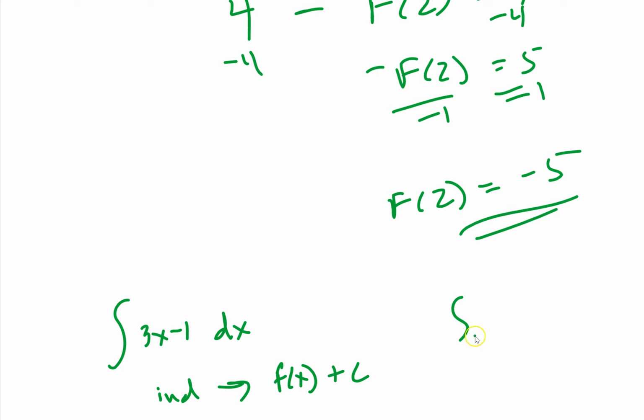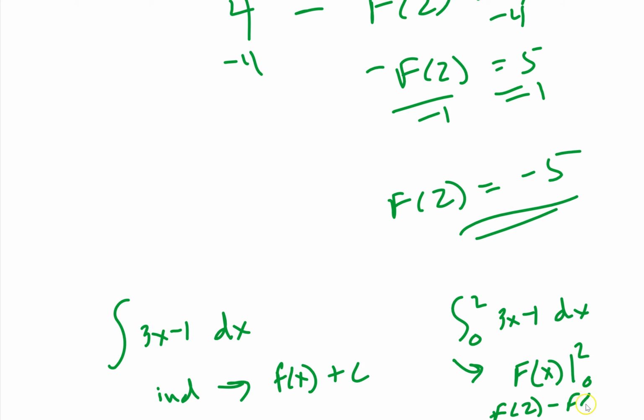This one you can put in your calculator. The difference with this one is once you integrate it, it's top minus bottom. So F of 2 minus F of 0. So definite integrals, once you integrate it, top minus bottom. Indefinite, plus c. And there we go.